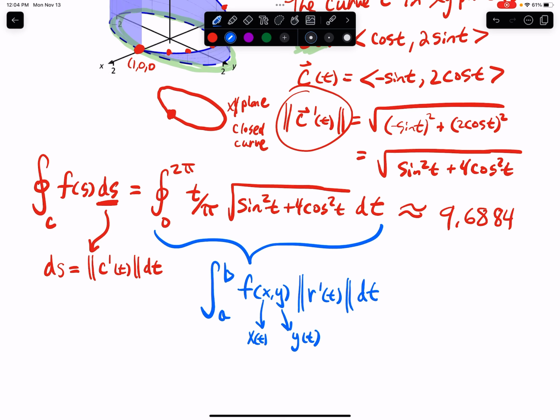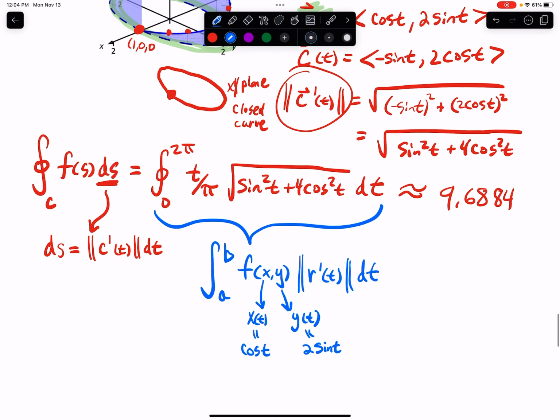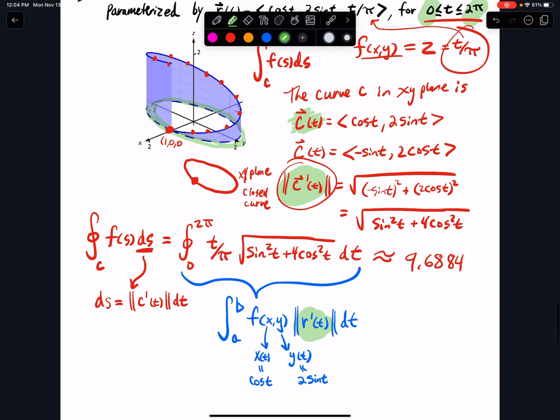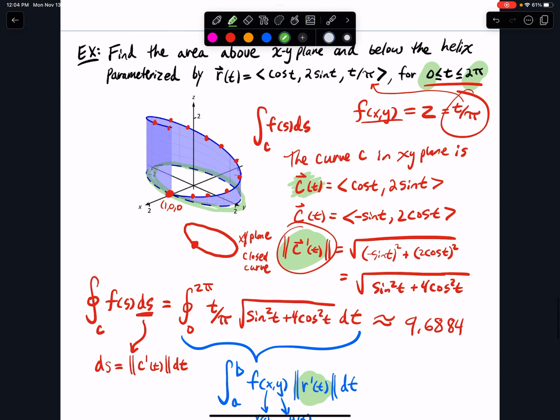And for our curve, this was cosine t and this was 2 sine t. And so we just use c instead of r in this example, because the big difference was this third component represented my height right there.